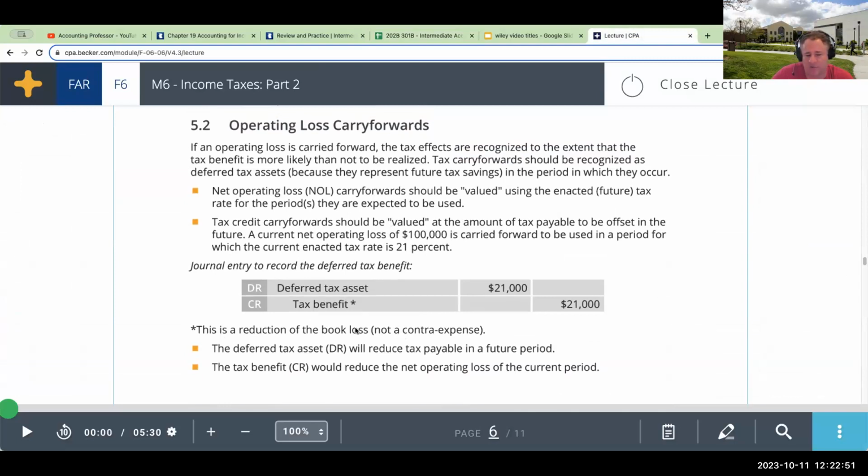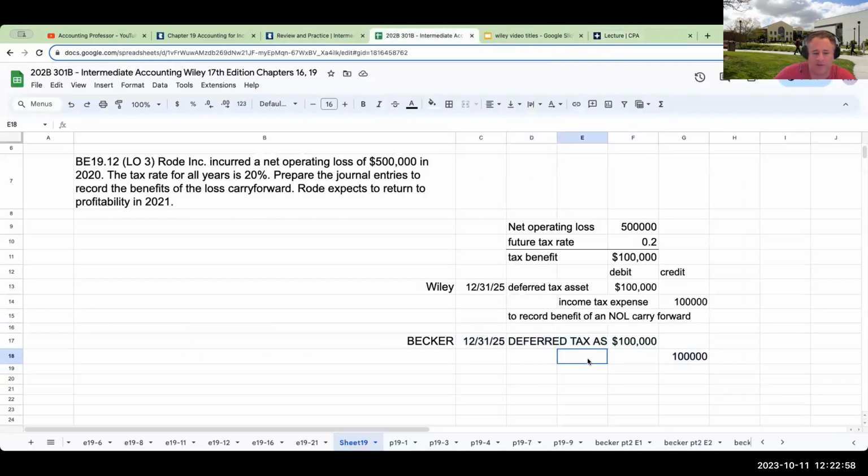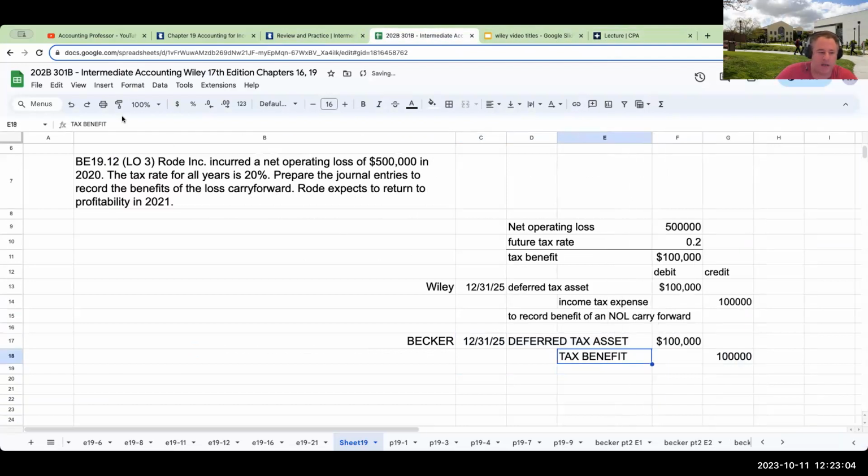This is a reduction of a book loss, not a contra expense. So you're basically going to call this some sort of a tax benefit, and this is going to reduce the net operating loss.